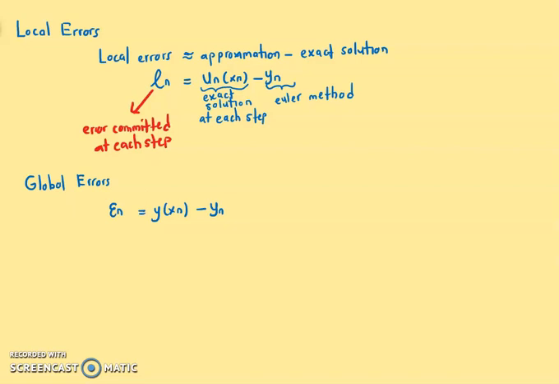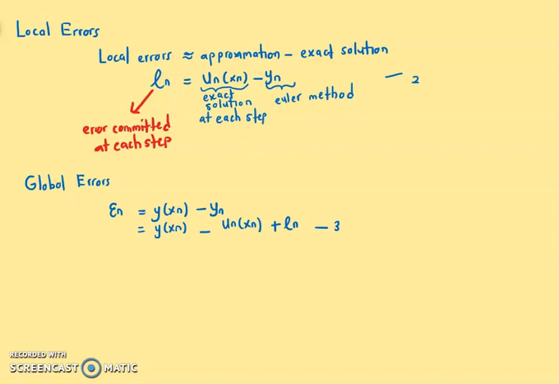So this is the error after n steps. If I write this equation number 2, y n equals u n of x n minus L n, so we have equation number 3 for the global error.